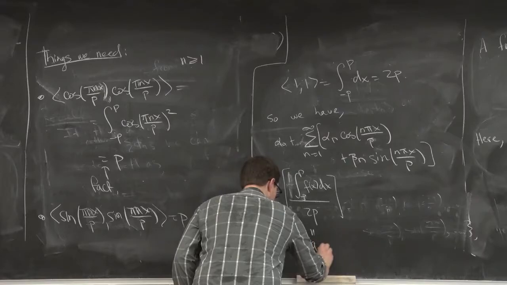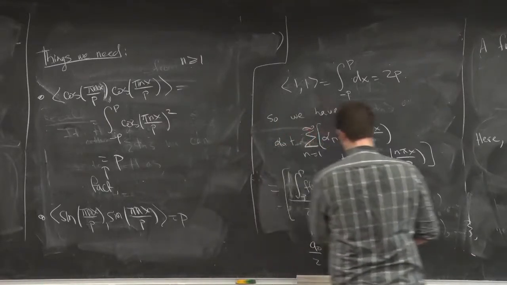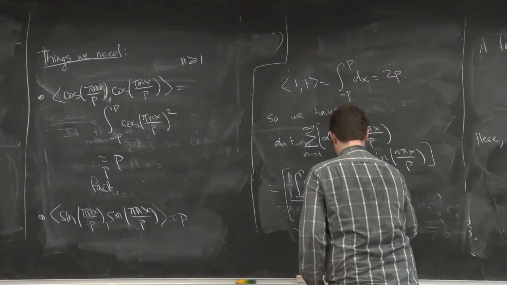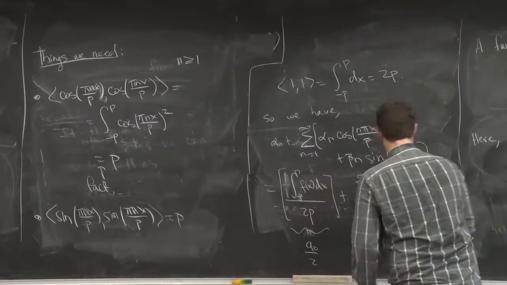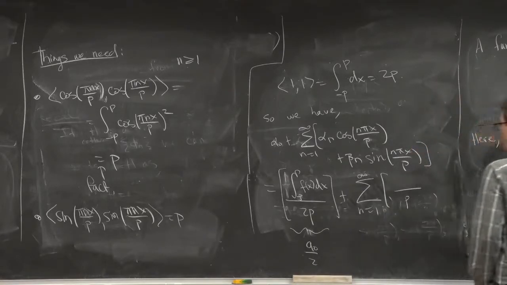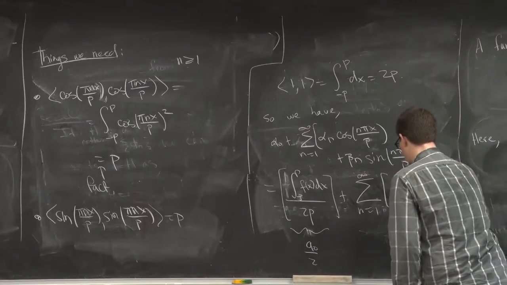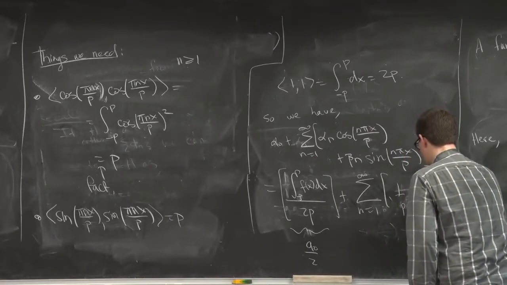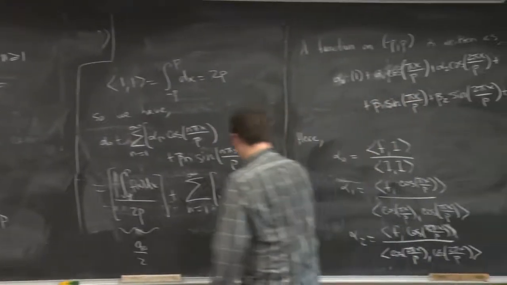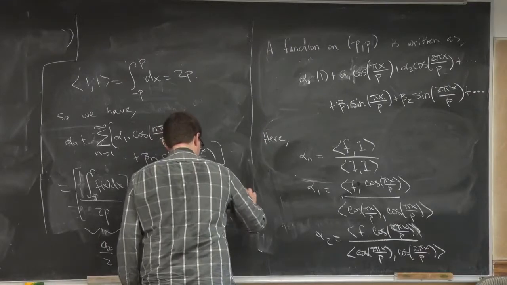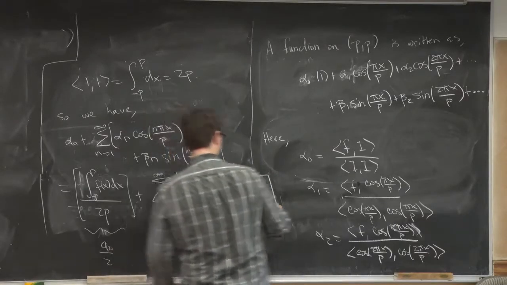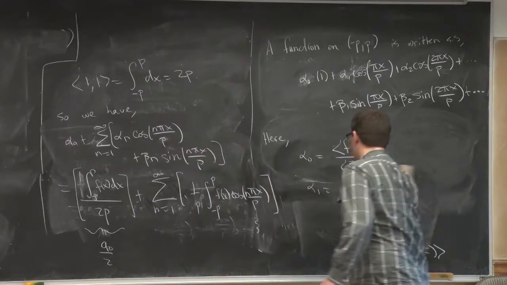So this thing was a0 over 2 plus, and let's write the sum out. Alpha n was this thing over p, so let's write it like this: 1 over p times the integral from minus p to p. Now I'm going to do the inner product here, f of x times cosine n pi x over p. So we have this coefficient. Let me just write this out because we have it all over there.